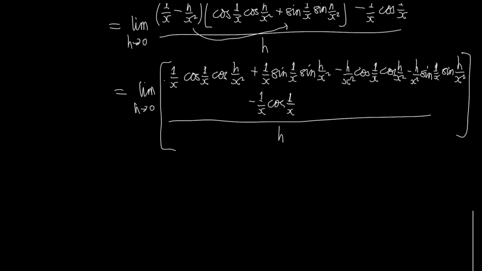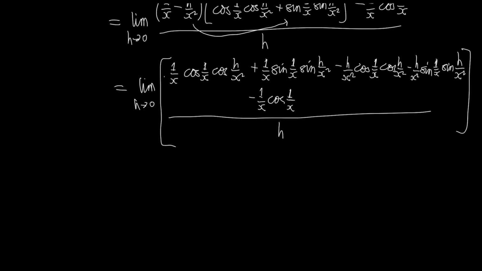Now it's all expanded, we're going to try and regroup some of the terms. So let's write the limit. Let's start with terms containing 1 over x cos 1 over x, and I will colour code it to make it easier to follow. This is the term we're concerned with.